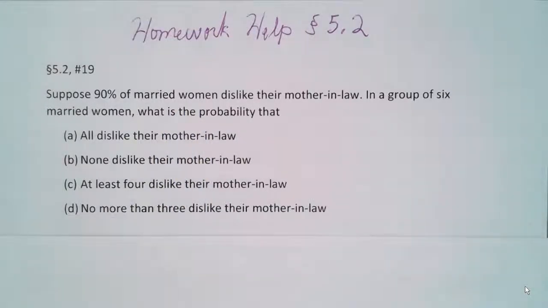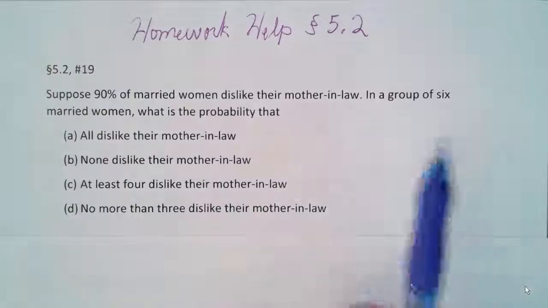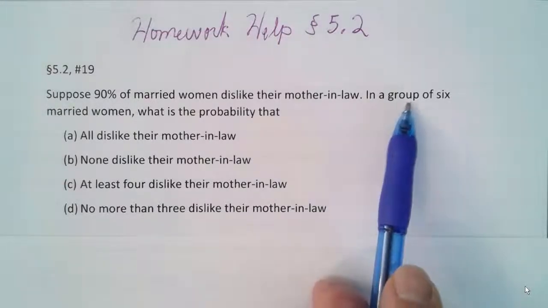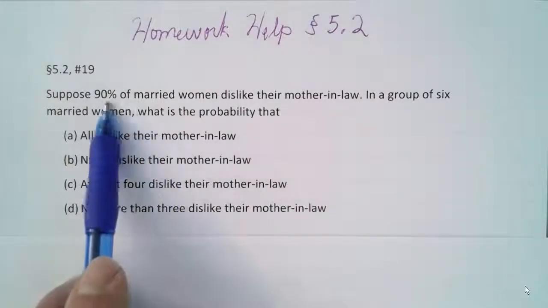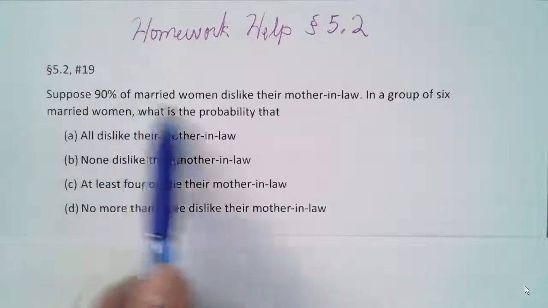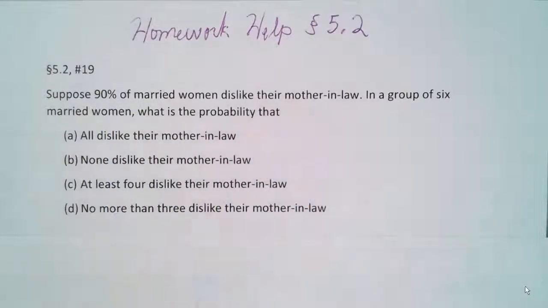Now, this is the exact setup that we have whenever we're working with a binomial distribution, namely, every trial, that would mean every one of these 6 individual women, is going to be a success or a failure. Success, we will say, is the outcome that she dislikes her mother-in-law. Failure is the outcome that she doesn't.